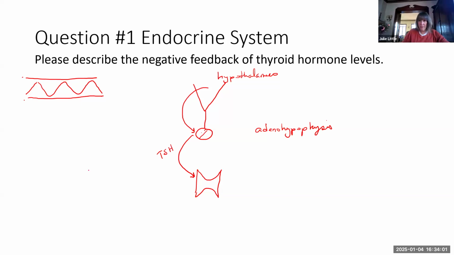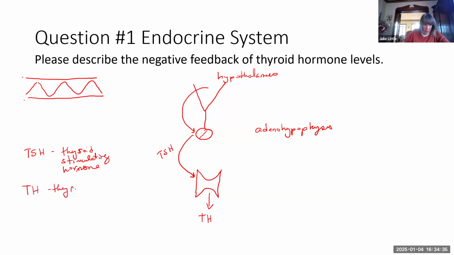Now, it's fine to abbreviate it when you're drawing it, but you have to write out all abbreviations so you know that TSH stands for thyroid stimulating hormone. That actually says hormone. Thyroid stimulating hormone. Now, the adenohypophysis releases thyroid stimulating hormone, and then the thyroid will actually release thyroid hormone. That's a capital T, believe it or not, thyroid hormone.